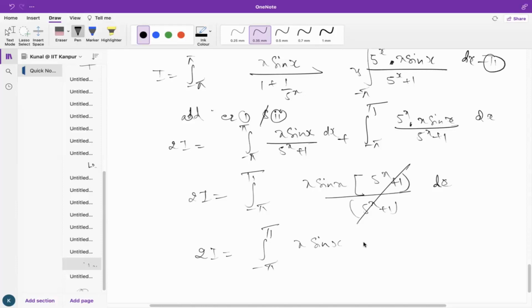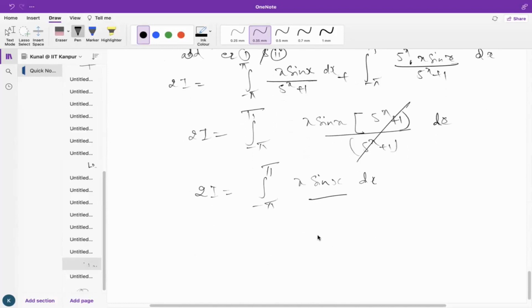Now this can be solved by the technique of by parts. So let's apply by parts here, with the ILATE rule which we already know. This is our u function, this is our v function.